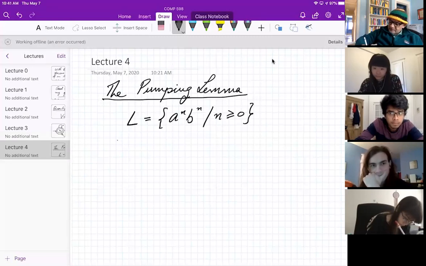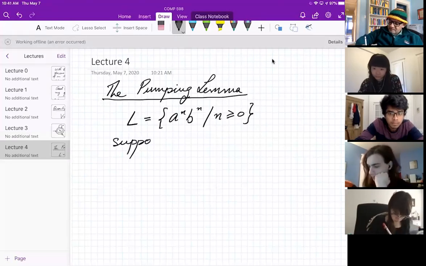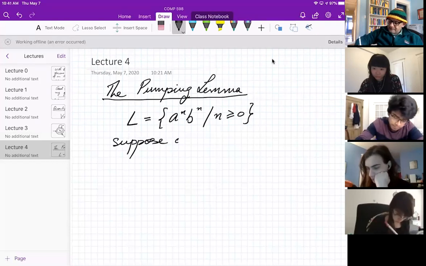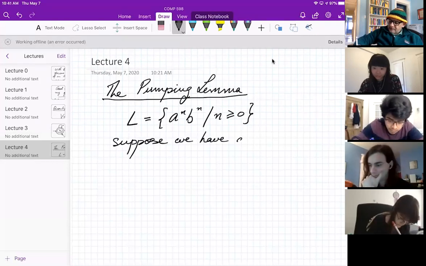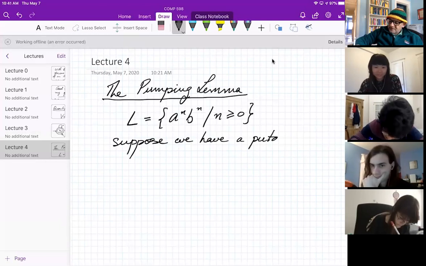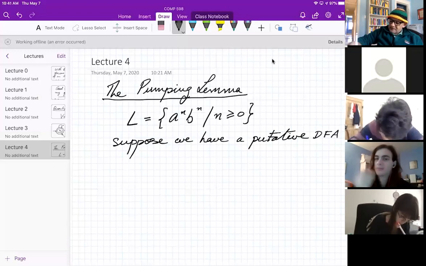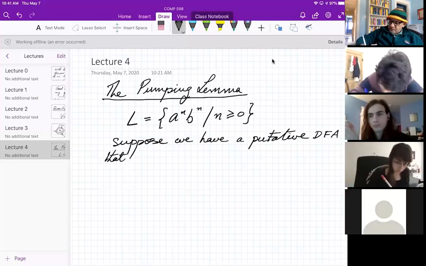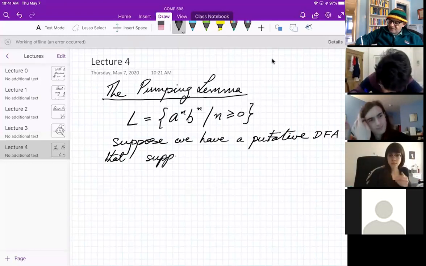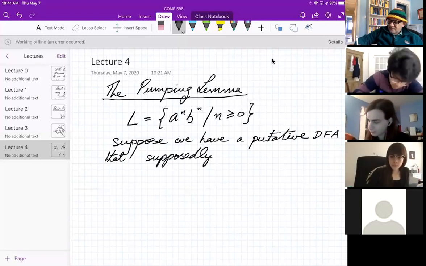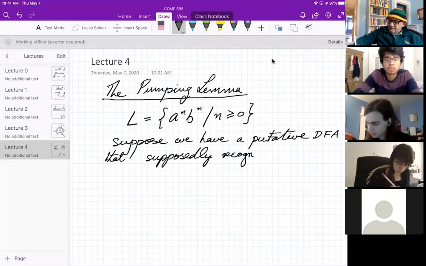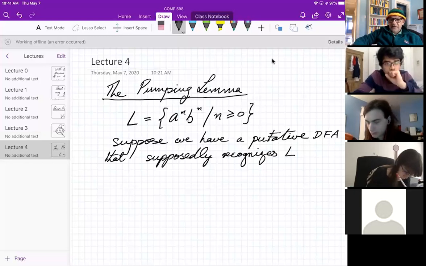Supposing we have a putative DFA that supposedly recognizes L. Somebody claims, yeah, this one recognizes L. How will we analyze this claim carefully?